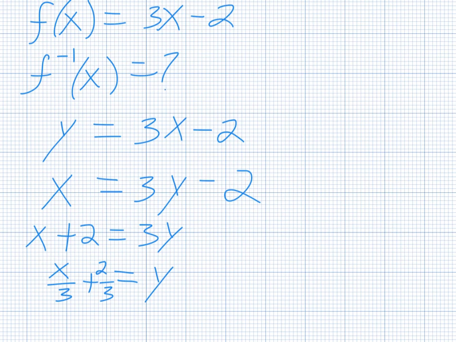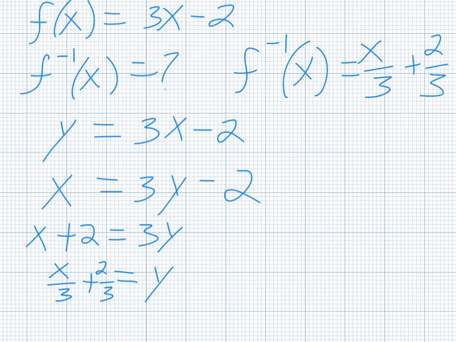So if f of x is equal to 3x minus 2, then the inverse function is equal to x over 3 plus 2/3. And like we said, if we were to graph f of x and this f inverse, x over 3 plus 2/3, they would be mirrored about the line y equals x.